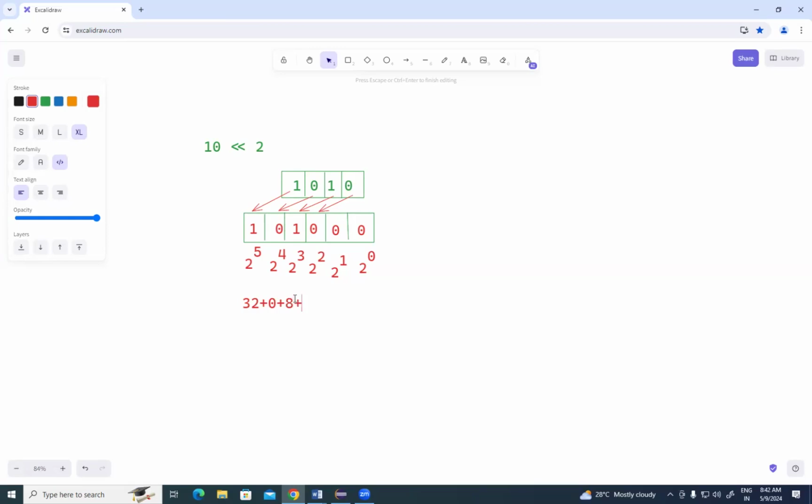Plus 2 power 2, 4. 4 into 0, 0. 2 power 1, 2. 2 into 0, 0. 2 power 0, 1. 1 into 0, 0. Tell me finally, output is how much, folks? 40. So 10 left shift to 2 is 40.